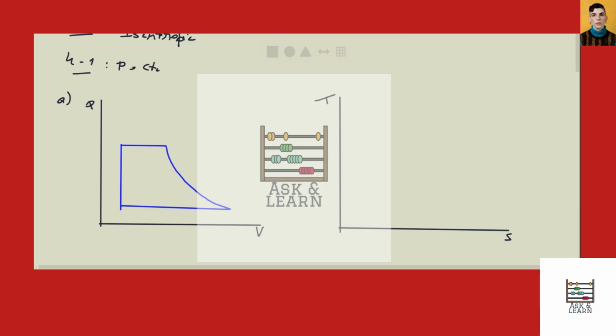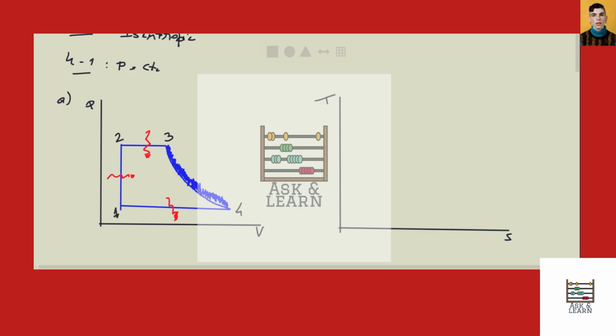This one is an isentropic, which means that it does not exchange heat with the surroundings. Let's enumerate here. We have 1, 2, 3, and 4. As we know, the heat enters in here, enters in here, and leaves in the final one.